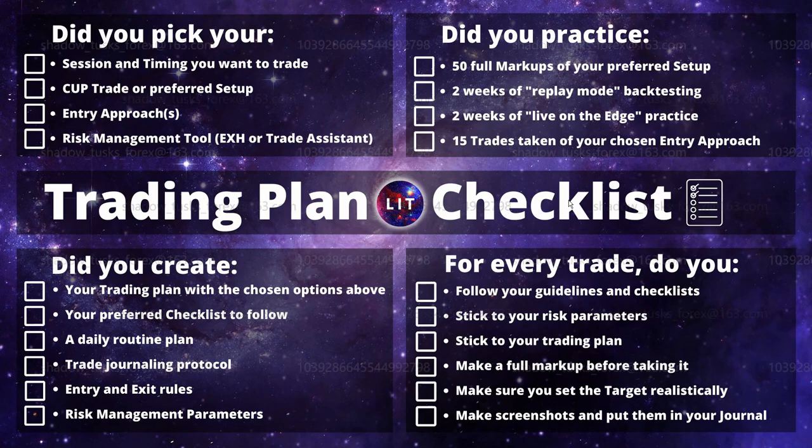Then we have the last one, the risk management parameters. Again, this relates back to the risk management tool aspect. Whether you use the execution helper or the trade assistant, understand how it fully works and how you can use it to your advantage. Make sure you have a set parameter, whatever your percentage risk is, or how you manage your risk on certain trades using the checklist, for example.